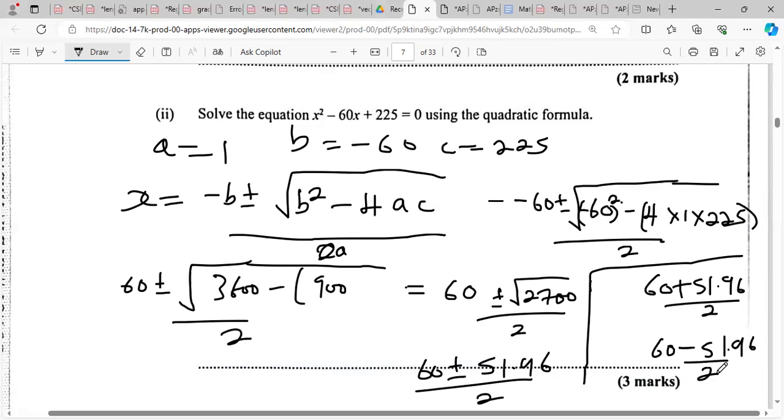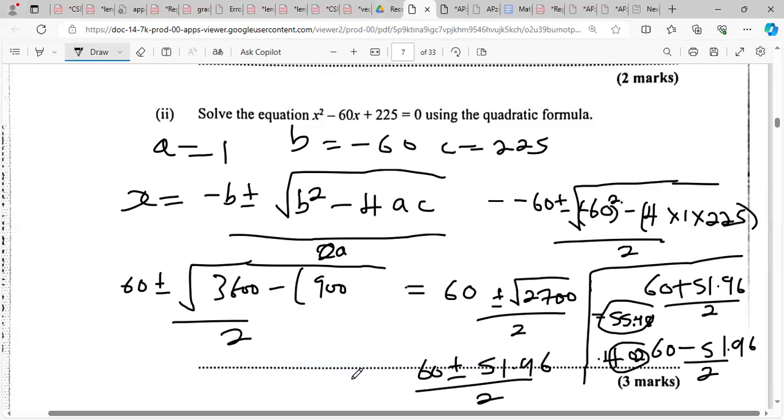So for the first one, the final answer is 55.98. This is solution 1. Then 60 minus that gives 8.04, divided by 2, so this works out to 4.02.